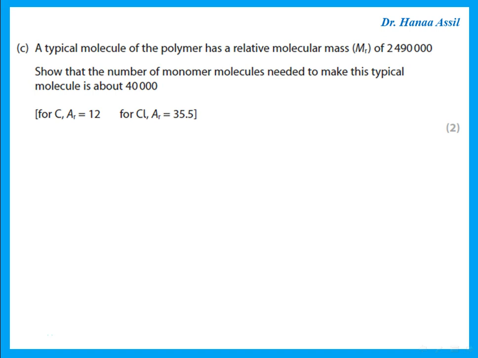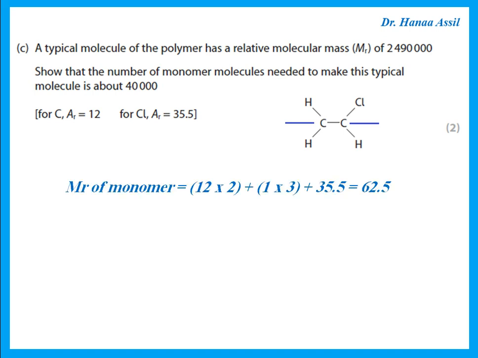Show that the number of monomer molecules needed to make this molecule is about 40,000 monomers. So this was the monomer. This is one of them. And he's asking how many do I have in the polymer? So in order to do that, I get the Mr of this monomer. So the Mr is 62.5.